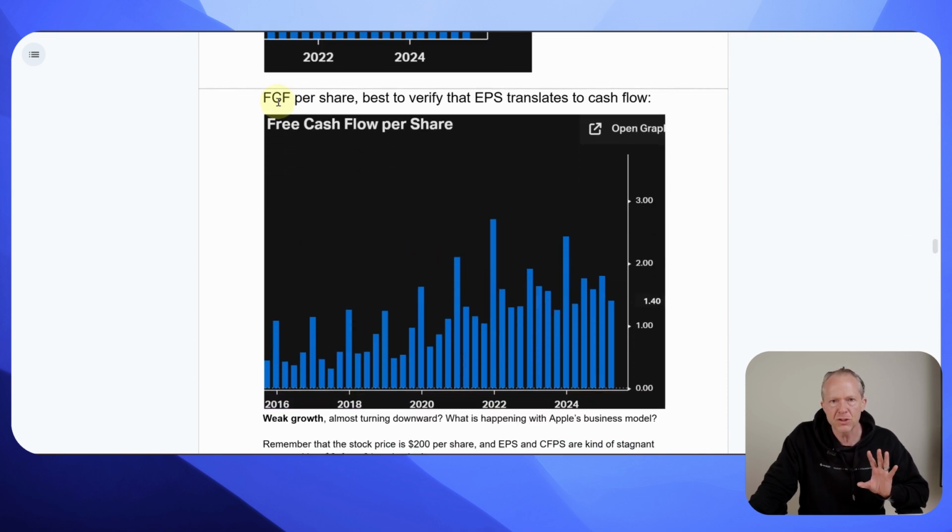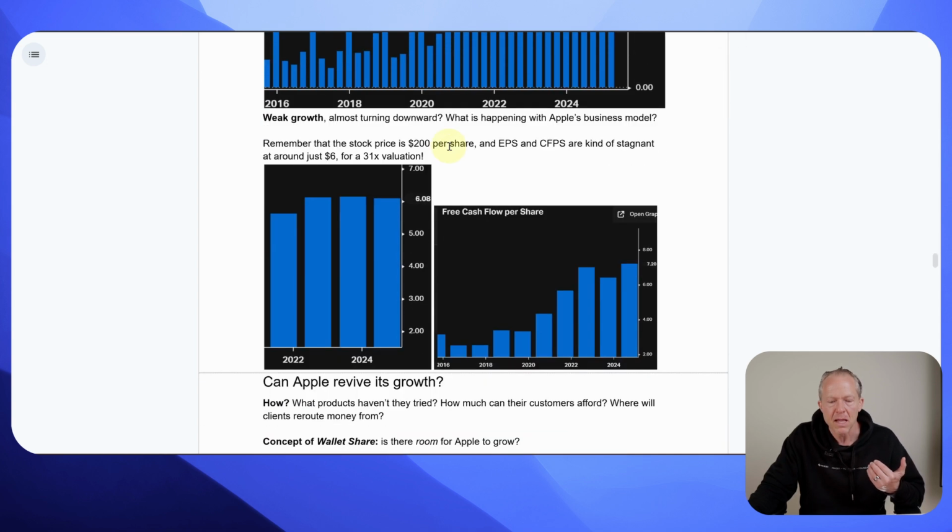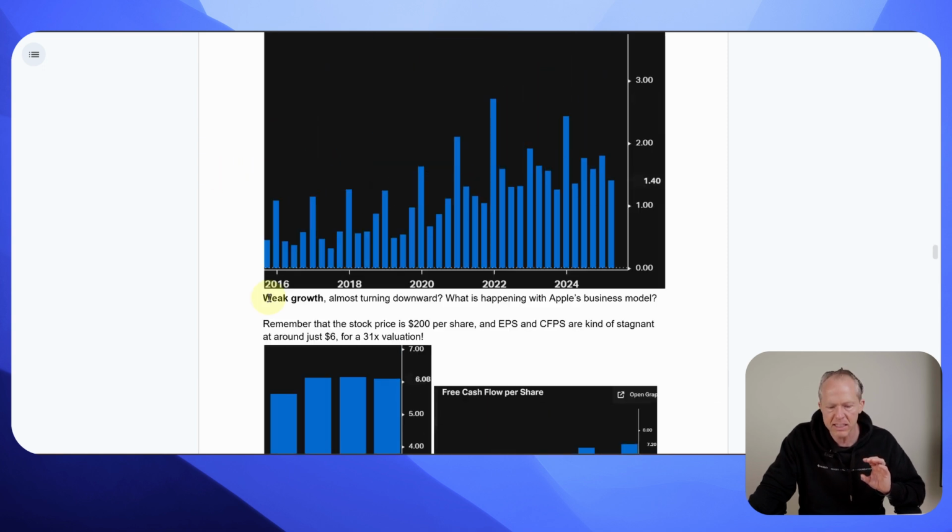I also check FxV, free cash flow per share for Apple using Koifin, and at least it's good to see that the EPS actually translates into actual cash flow. However, the overall arching picture is one of weak growth, almost turning downward, as you can see.